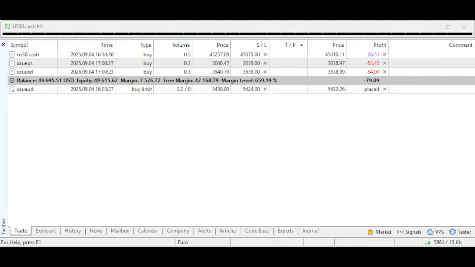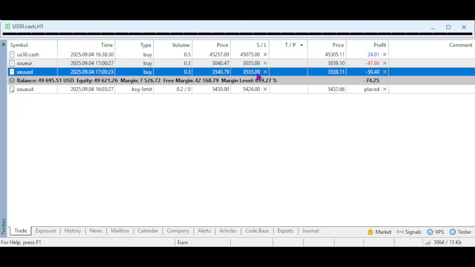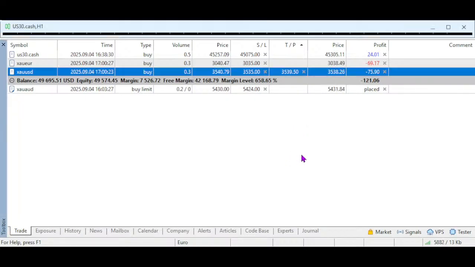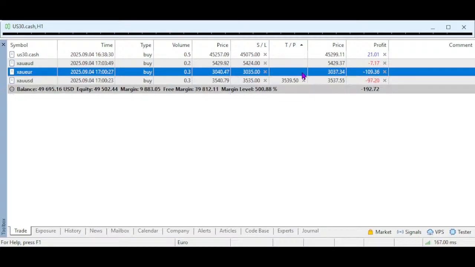So one, I'll try to close at 39 half. Take a loss, so at least we reduce our exposure. Either we try to close at 39 or 39 half. Try to close, and this one also.